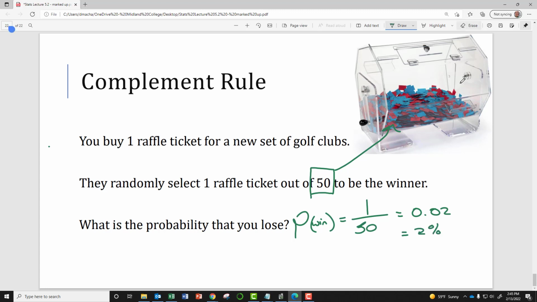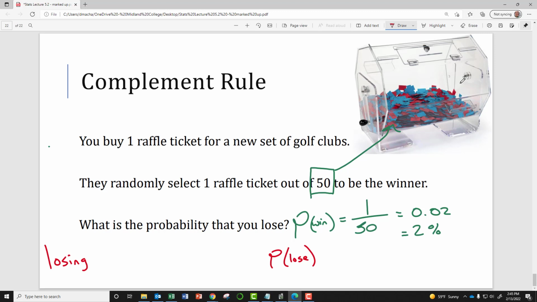But we're not asked about the probability that you're going to win. We're actually asking, what's the probability that you're going to lose? But notice that losing is just going to be the complement of winning.